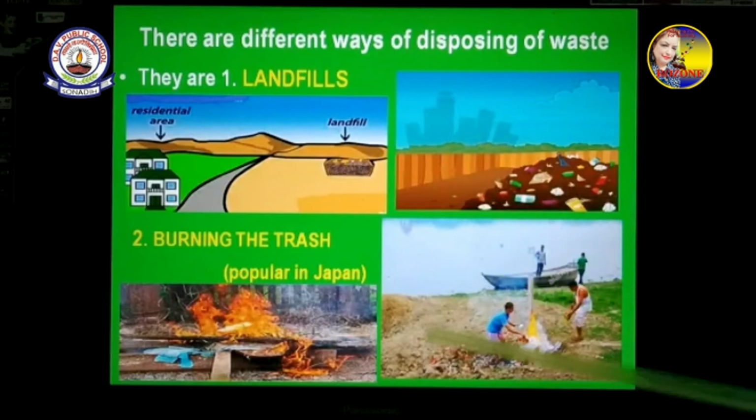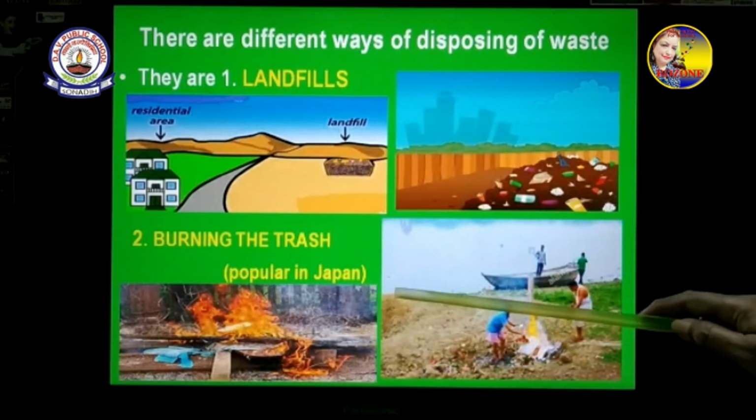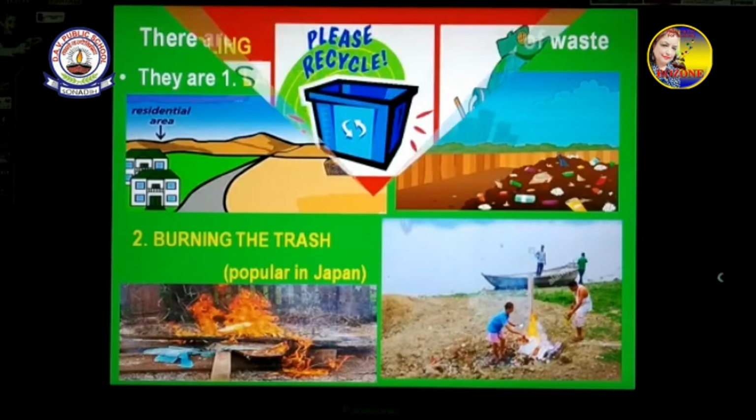Followed? Number two is burning the trash. All the garbage can be burnt. And this is popular in Japan. Disposing of waste means to get rid of it, to remove the waste from all around us.